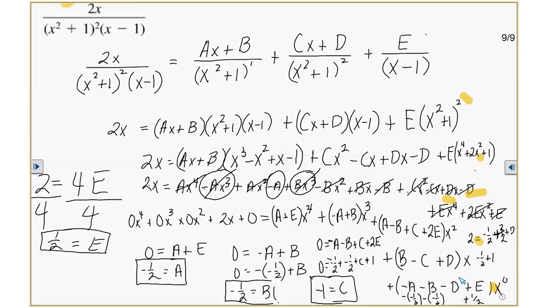B minus C plus D. I'm looking to see if I got the signs wrong. But you're on X. X is, they have a minus A. They got a minus A in here too. Yeah, they got it in the X.